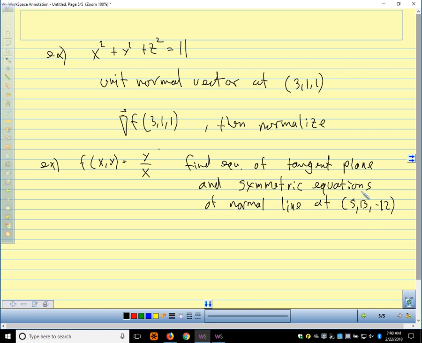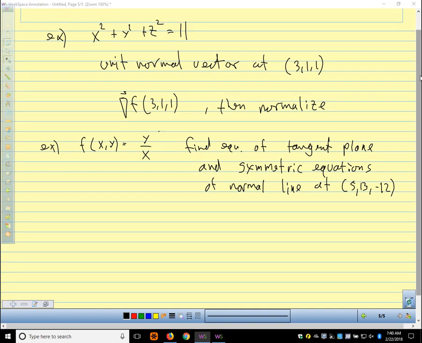All right, so what's going to be our first step here? We want to find del f, but we need f of x, y, z equals a constant. So what are we going to do with this? We're going to subtract z. So we're going to say F of x, y, z is y over x minus z, and that equals 0.